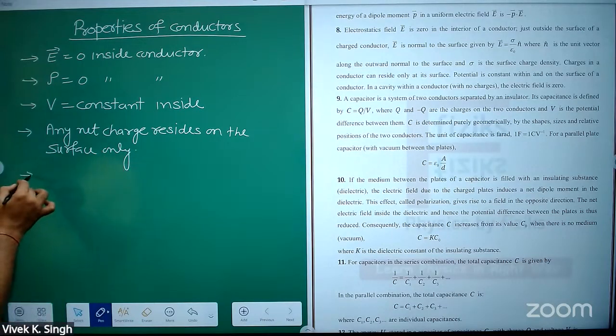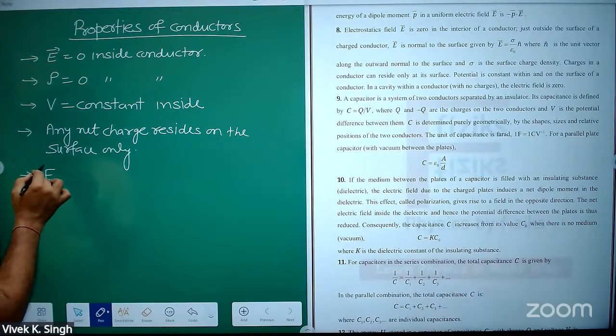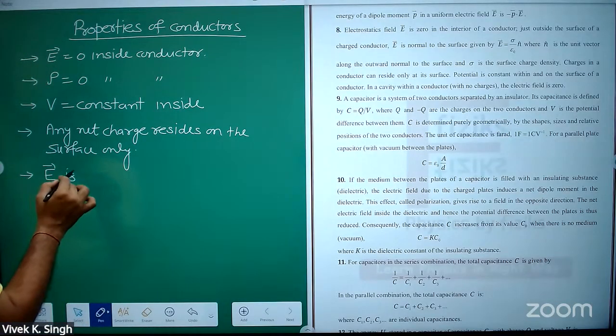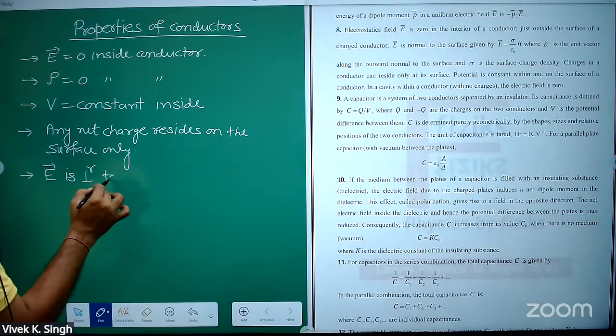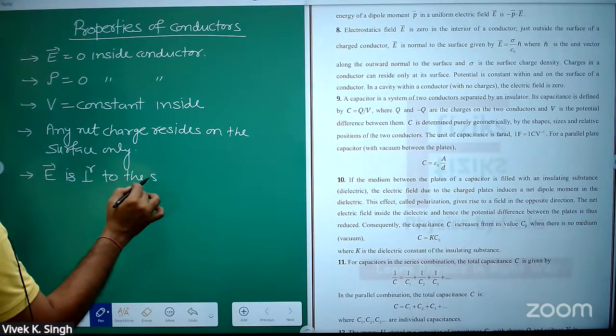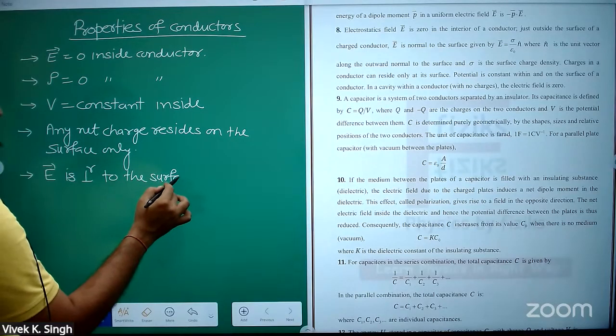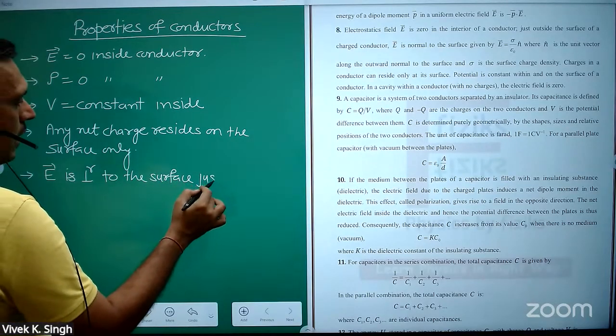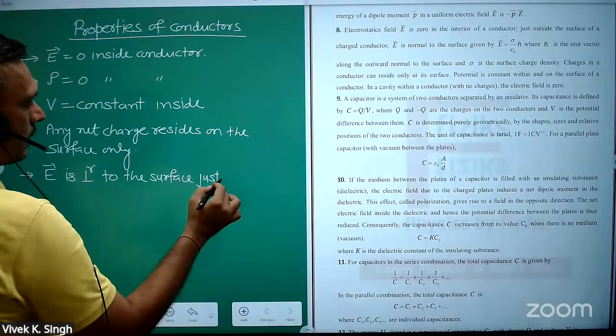And what will be the electric field due to a conductor? E is perpendicular to the surface just outside the conductor.